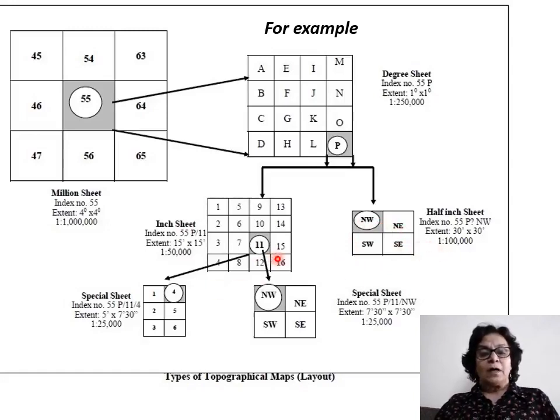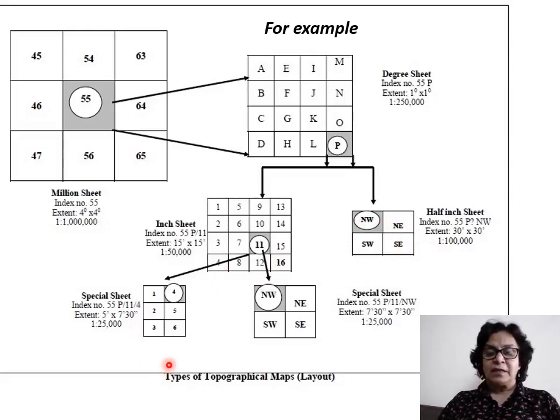Now the 1-inch map, again, for obtaining the details of the region, has been further made into a larger scale, in which you have two special sheets. One where the extent of the latitude is 5 minutes and the longitude is 7 minutes 30 seconds, and the second one is where it is 7.5 and 7.5. So these two have been shown separately. One is by the direction.